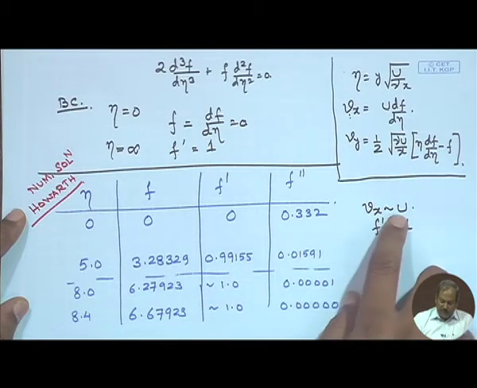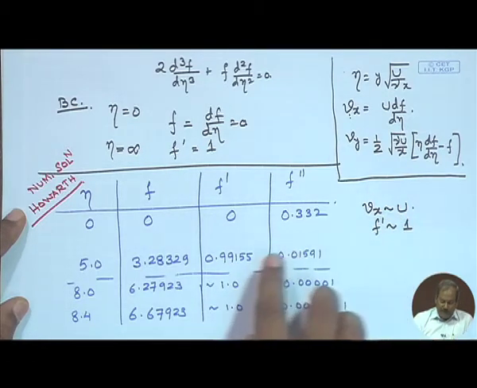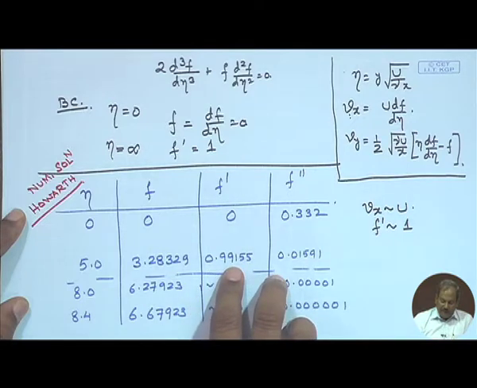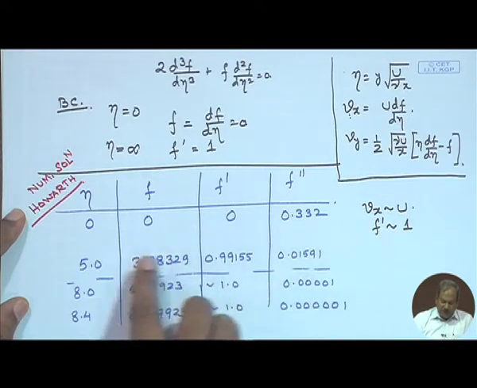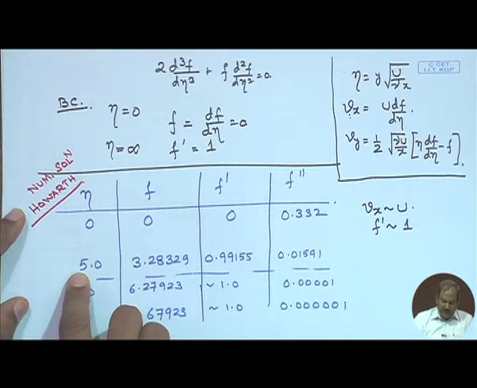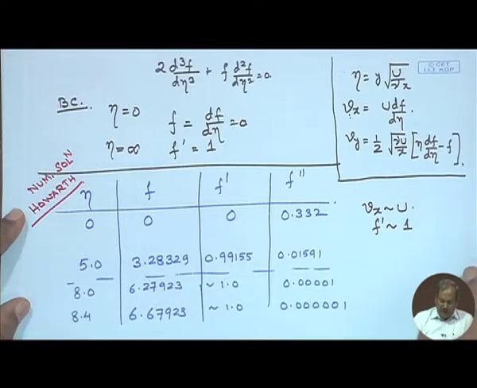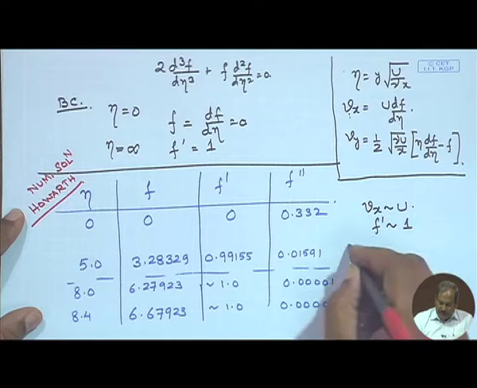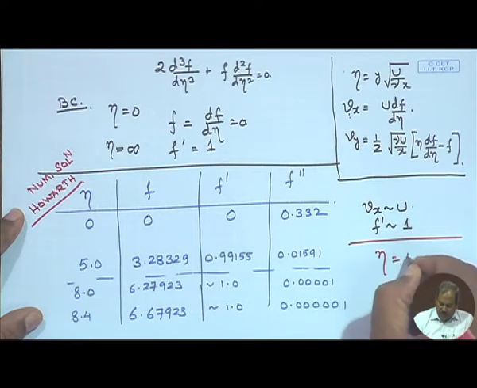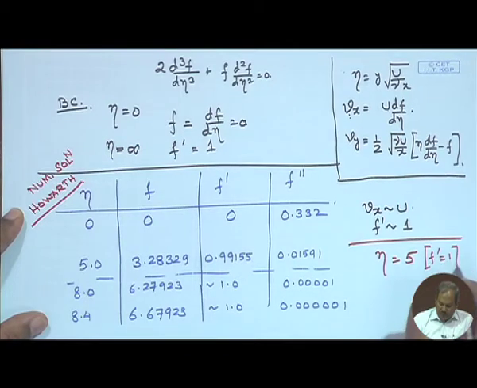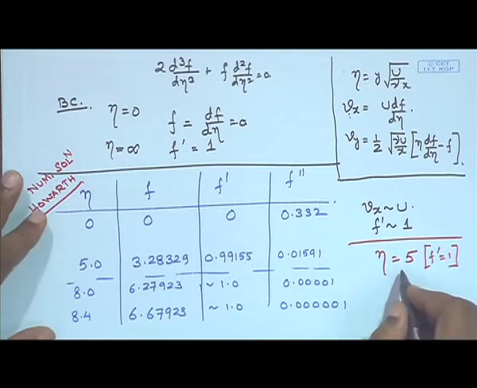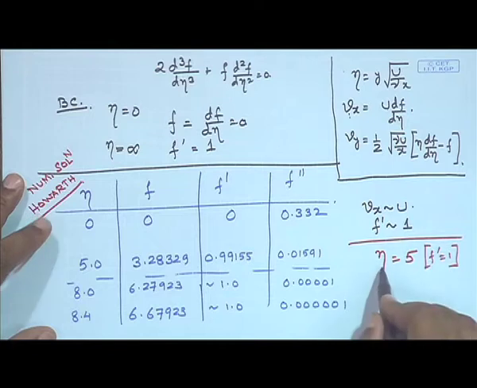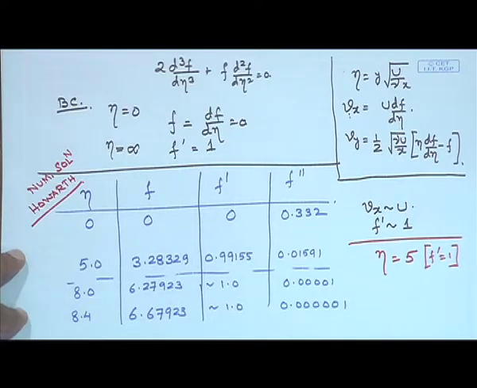So, therefore, Vx by u is equal to 0.99 and therefore, it reaches 99% of the free stream velocity. And where does it happen? When eta is equal to 5. So, I will write that eta equals 5, where f prime is about 1, can be taken as the edge of the boundary layer.